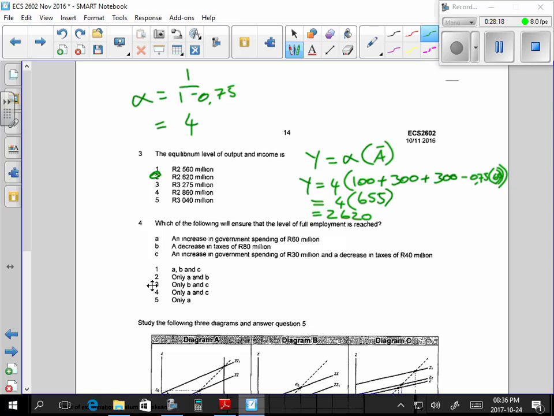Sorry, let me rewrite that a little bit more legibly. Times your tax rate, and your tax rate is 60. So when you're doing these equations, you need to remember to minus your tax, but you need to multiply it by your MPC.